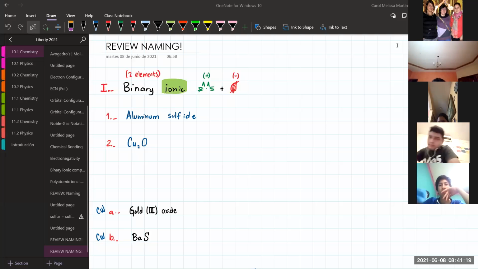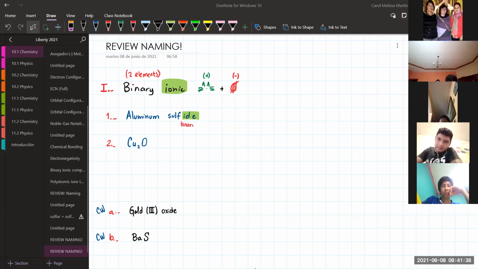So, first of all, we have an example that says aluminum sulfide. Just because of the suffix -ide, I identify that this is a binary compound.